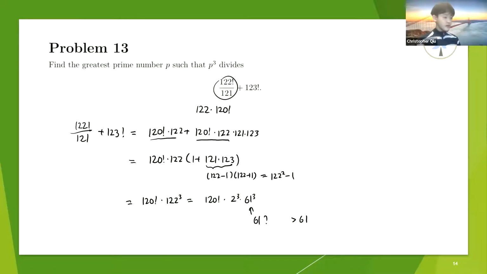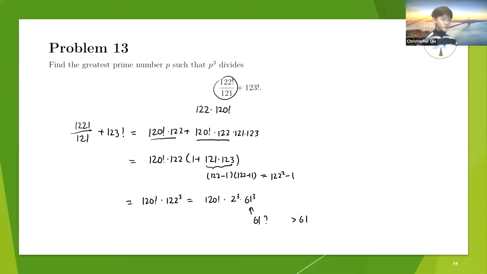Oh, how does it become a difference of squares? So after we factored out the 120 factorial times 122, we have 1 plus 121 times 123. And we can rewrite 121 as 122 minus 1, and we can rewrite 123 as 122 plus 1.